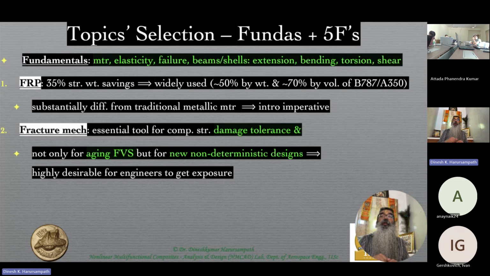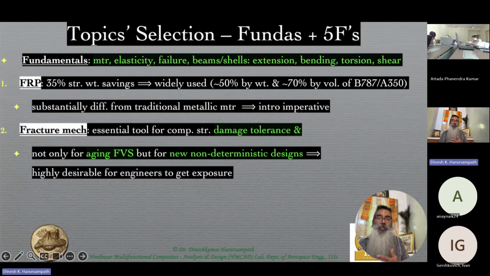Therefore, certain allowance has to be made for those uncertainties, which is where non-deterministic design becomes very critical. Again, it's a separate course by itself, but we will only get a flavor of it.